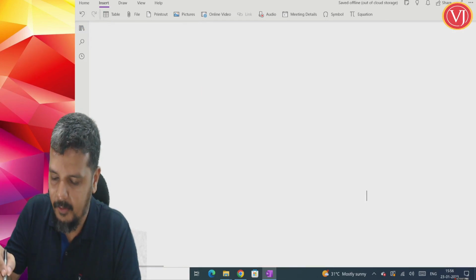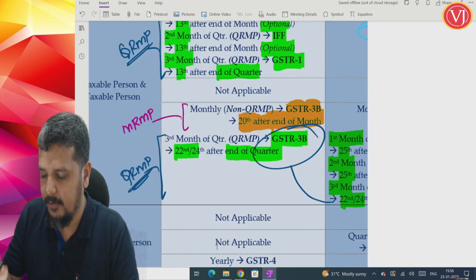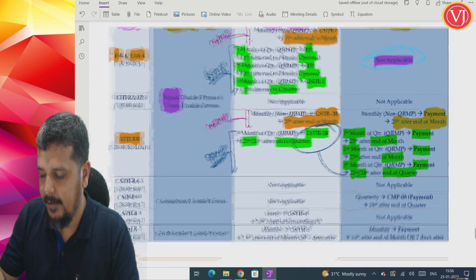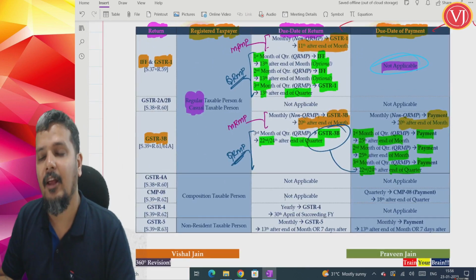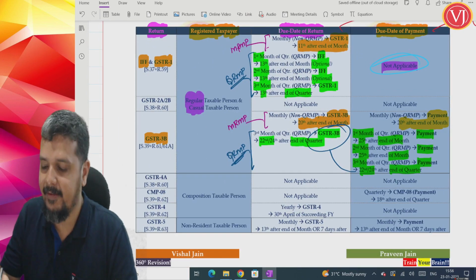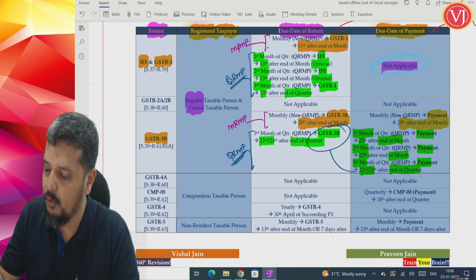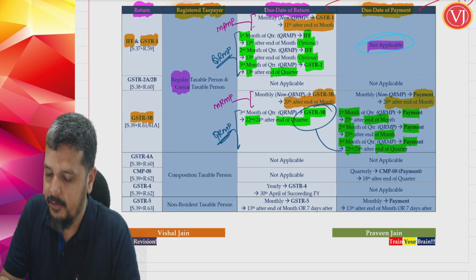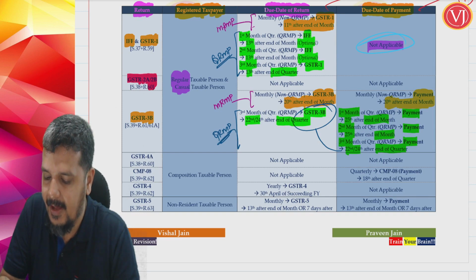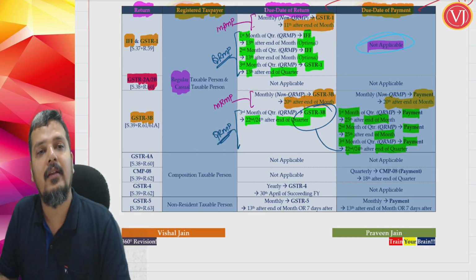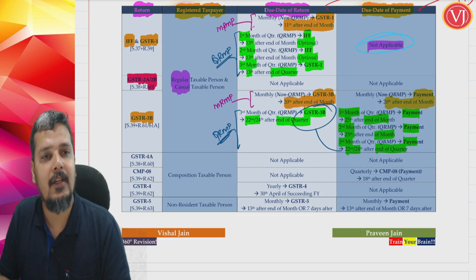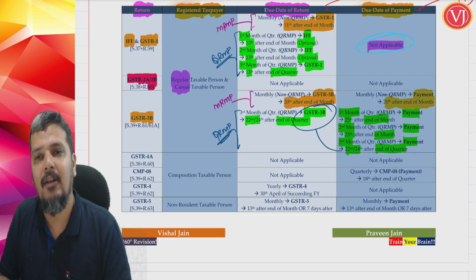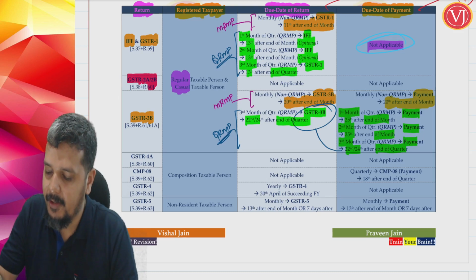There is a note given below which is all about IFF. When we are talking about the points in depth, we will discuss all these areas. Now, coming back to your other areas. Please understand that there is something called GSTR 2A or 2B, which will be there for the regular taxable person for them to take input tax credit.